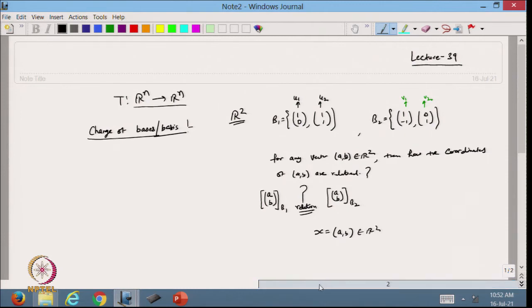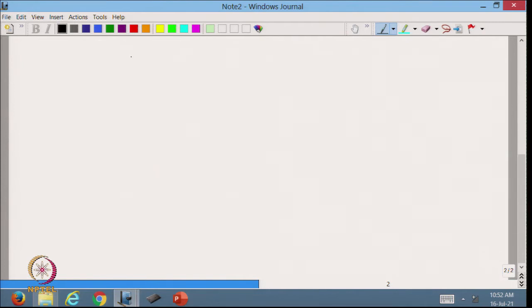Now, the coordinates of x with respect to the basis B1, suppose this is equal to (alpha, beta).